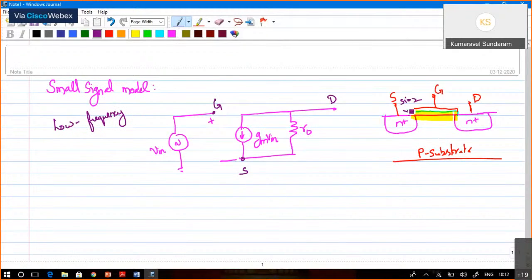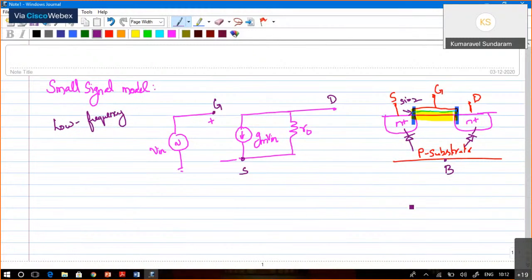Whereas if you observe the structure of the MOSFET, there exists some capacitance. Between gate to source, there is this overlap capacitance. Then this is P type and this is N type, which is going to form a diode. This is the bulk, the P substrate.